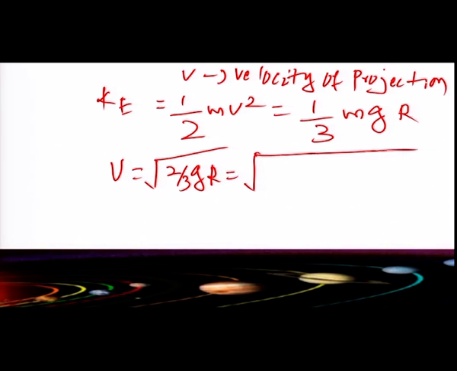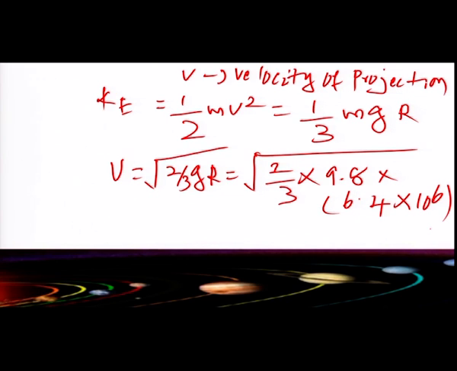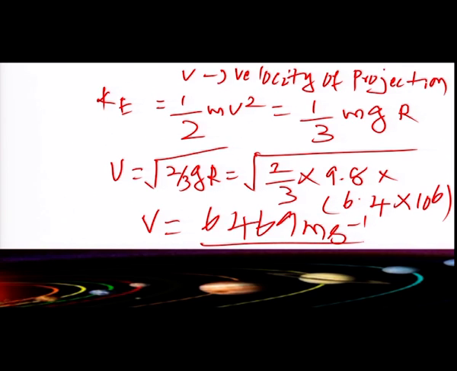You substitute all the values, it is root of 2 by 3, g is 9.8 and the radius of the earth is 6.4 into 10 power 6. So, when you simplify, the velocity turns out to be 6469 m s power minus 1.